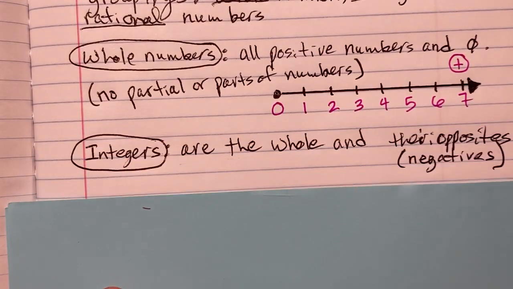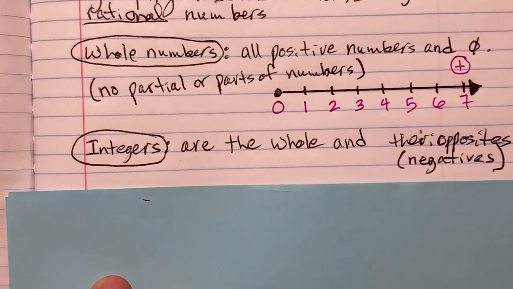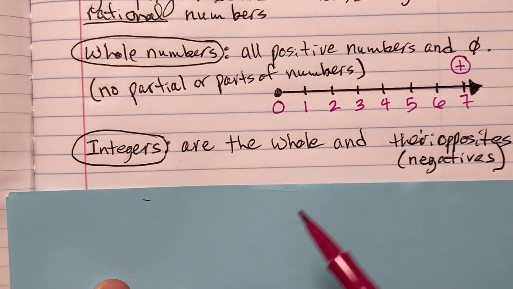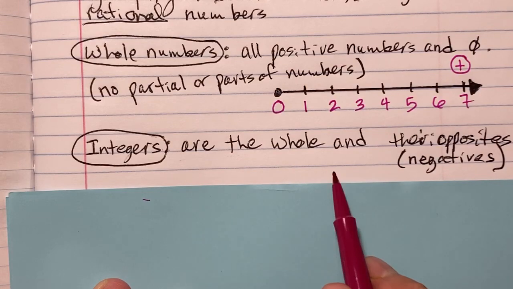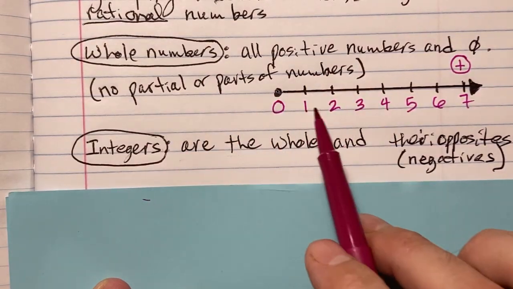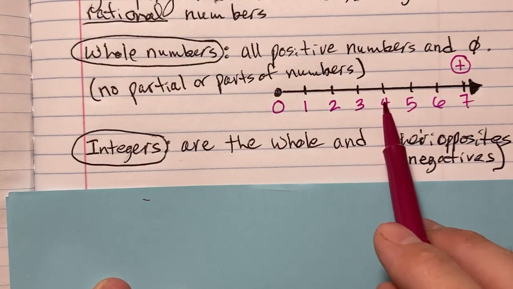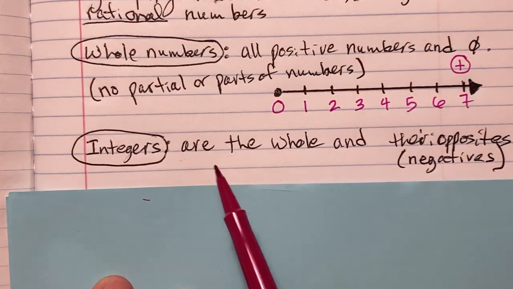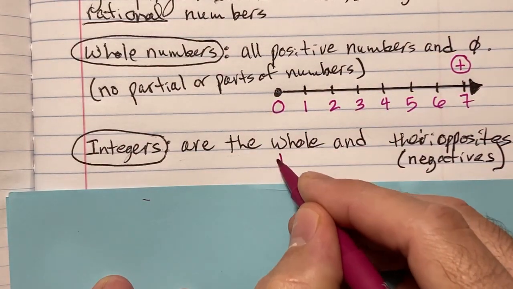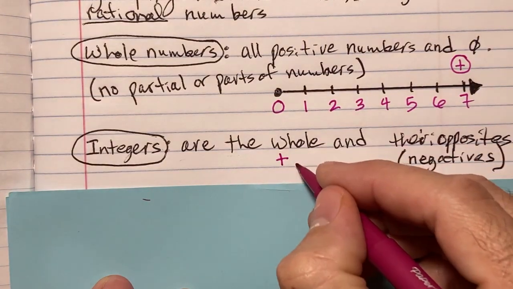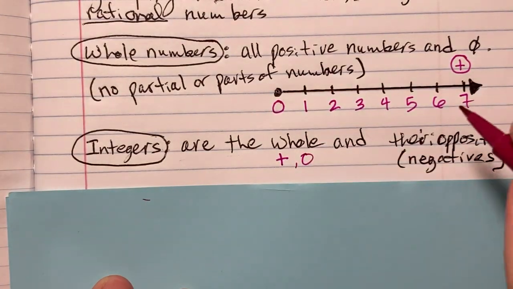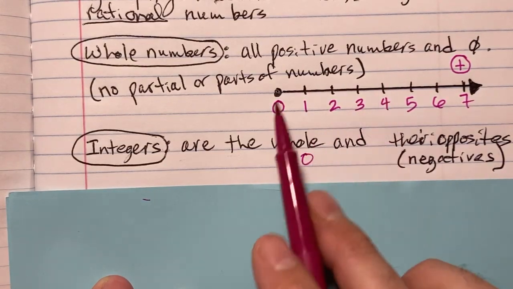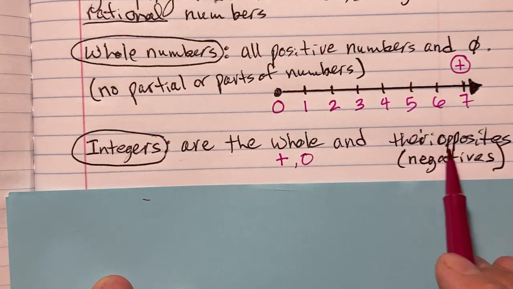Now, the new term for 6th grade, we're going to call integers, and it's going to be all the whole numbers. We're going to take all the numbers within that set, and then we're going to make a larger set, another group. It's going to be all the whole numbers, which is positives and zero, but for integers, we're going to take all these and include their opposites.